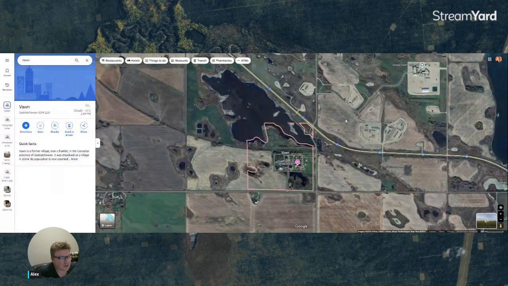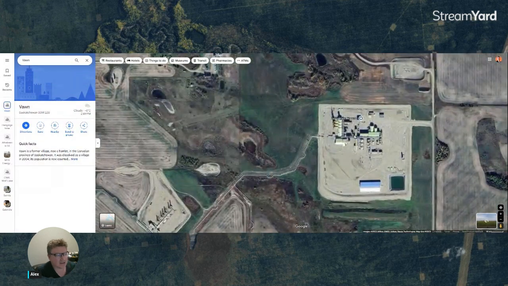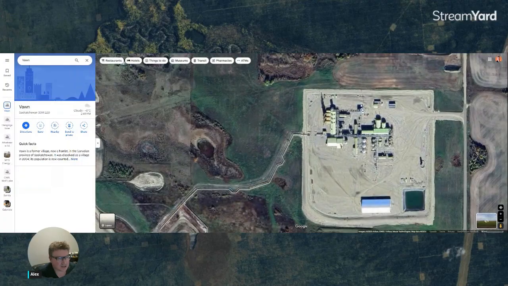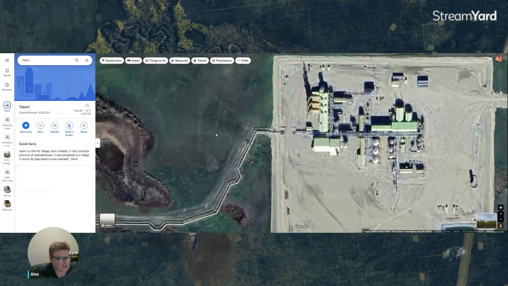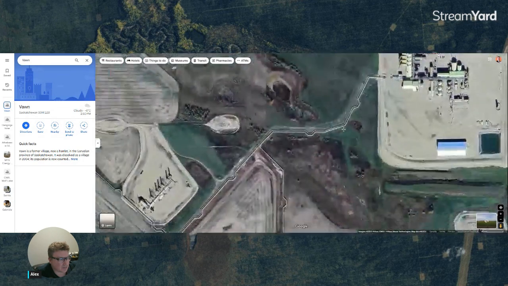So here next to Vaughan, we have two little assets. It's the Legacy Husky Vaughan thermal asset, which is a little SAGD asset. Again, CPF, and we see the connection to the pads. These facilities are basically OTSGs, so they generate the steam, and the emulsion treating and gas treating facilities treat the emulsion that's coming back.